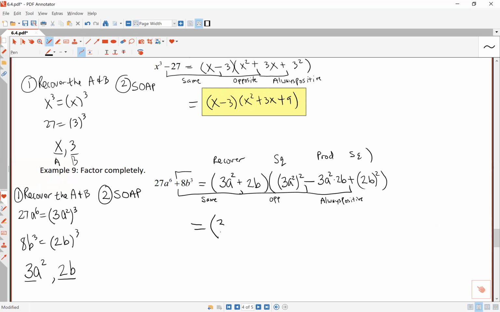The first factor is 3a squared plus 2b. The second factor is 9a to the 4th, since a squared squared is a to the 4th. And 3a squared times 2b is 6a squared b. The square of 2b is 4b squared.